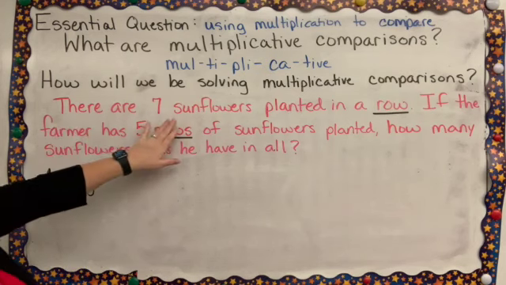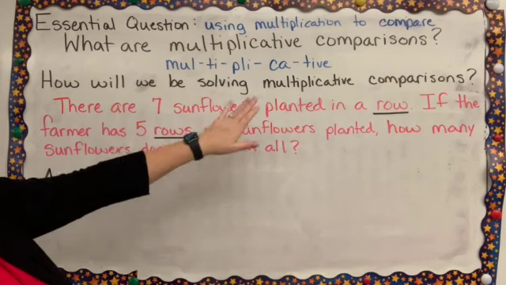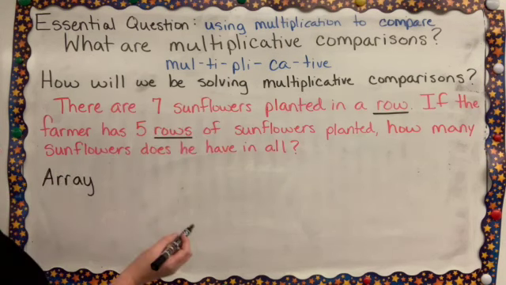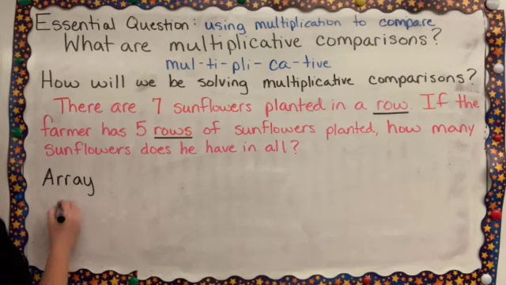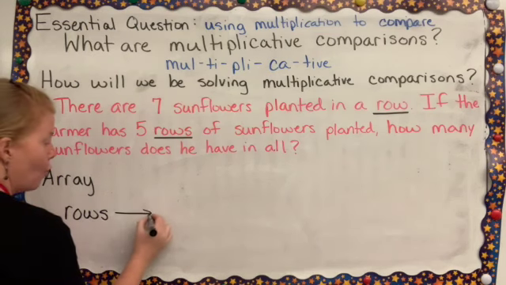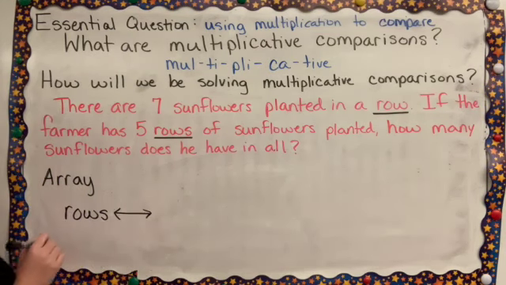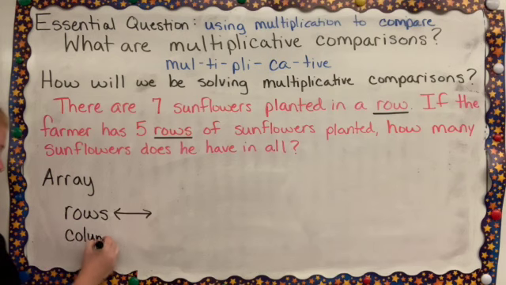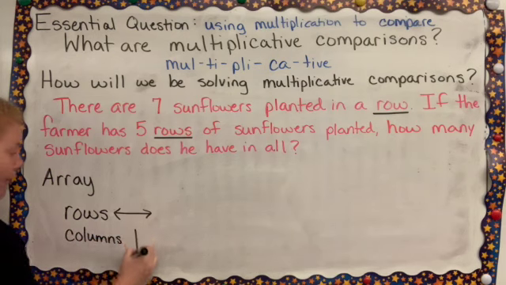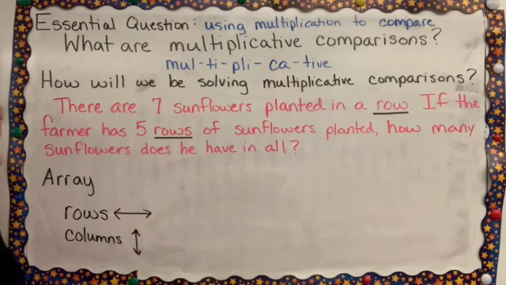There are 7 sunflowers planted in a row. So we know, or we should know at this point, because we went over it already in our last unit, rows go horizontally. They go from left to right. Columns go vertically, up and down, okay? So don't forget this.